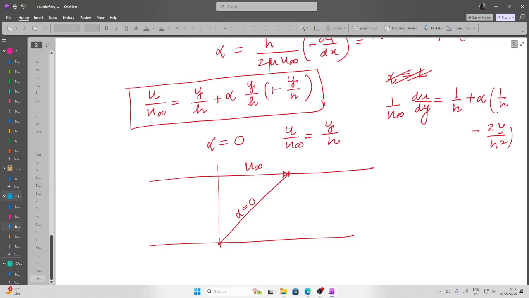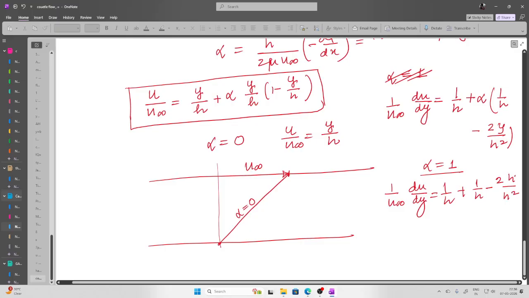Okay, so friends, when alpha becomes equal to 1, 1 by u infinity du by dy will be equal to 1 by h plus alpha is 1, so it is 1 by h minus, we are at the place where y is equal to h, so it is minus 2h by h square. So this becomes 2 by h minus 2 by h, which is nothing but 0.